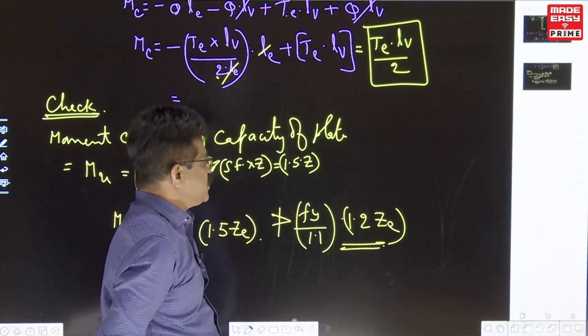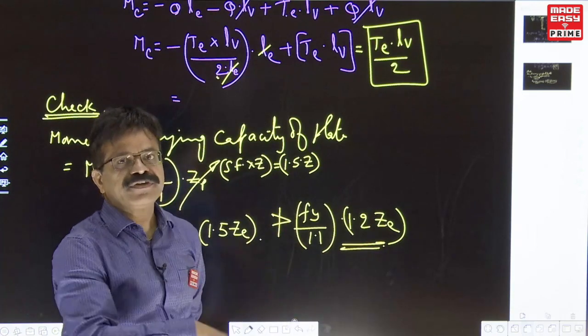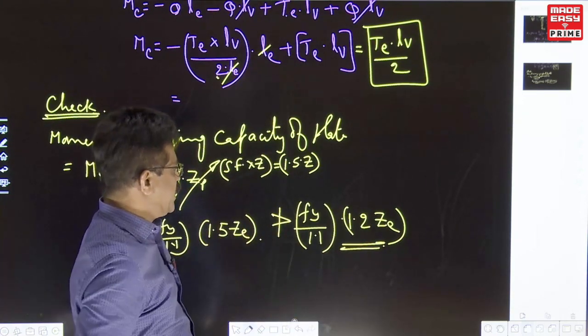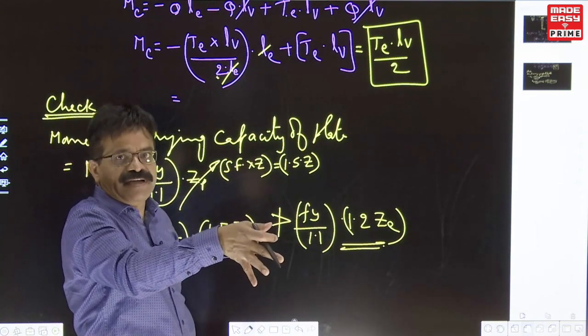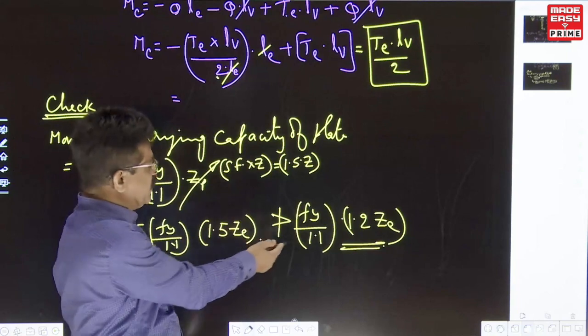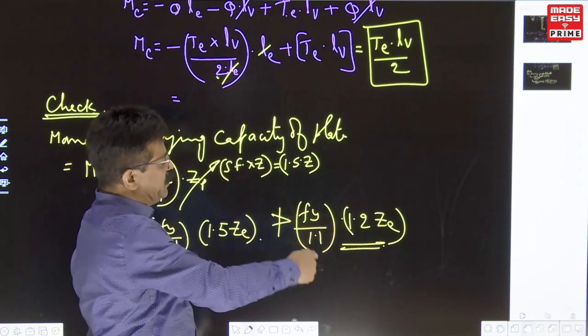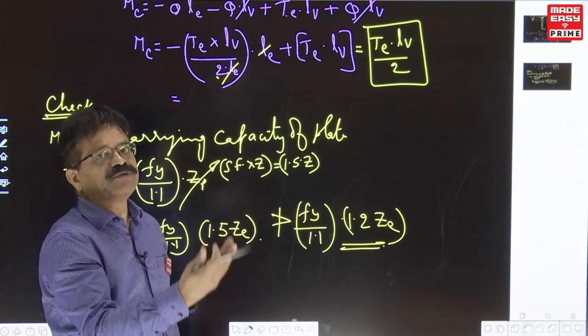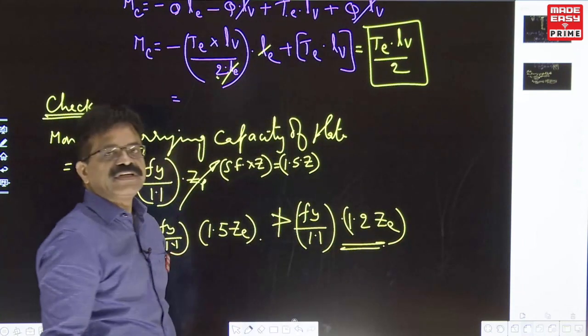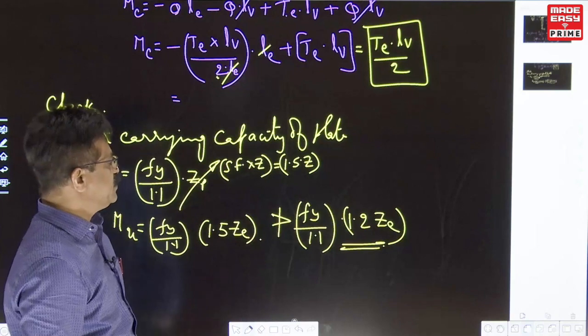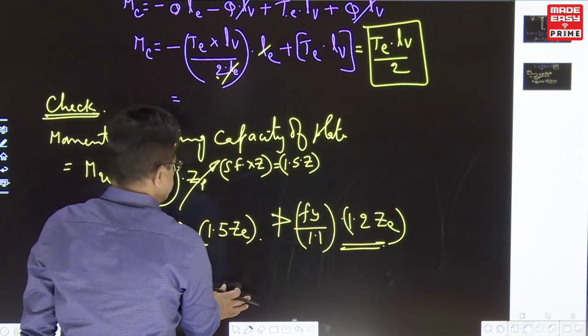For simply supported beams 1.2 Ze, for overhang beams you can take it as 1.5. So if the overhang fails, you can take 1.5 Ze, and at the simply supported location 1.2 Ze. So we will take 1.2 Ze to be on the safe side. It should never exceed 1.2 Ze.